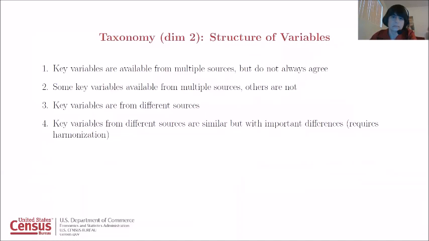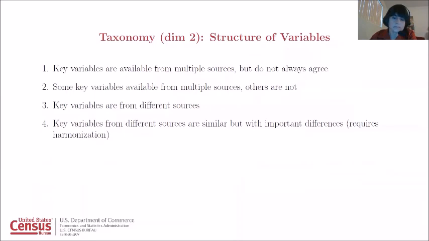You can have situations where the key variables are partially overlapping, so some key variables are available from multiple sources and others are not. You can have a situation where the key variables are from entirely different sources. And you can have a situation where key variables from different sources are similar. They're attempting to measure something similar, but there are important differences between them, and you have to figure out how to harmonize the information.